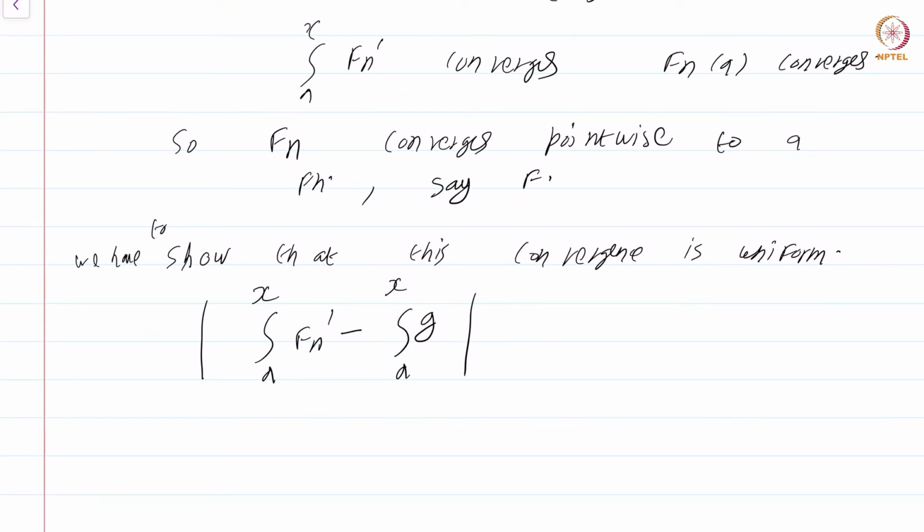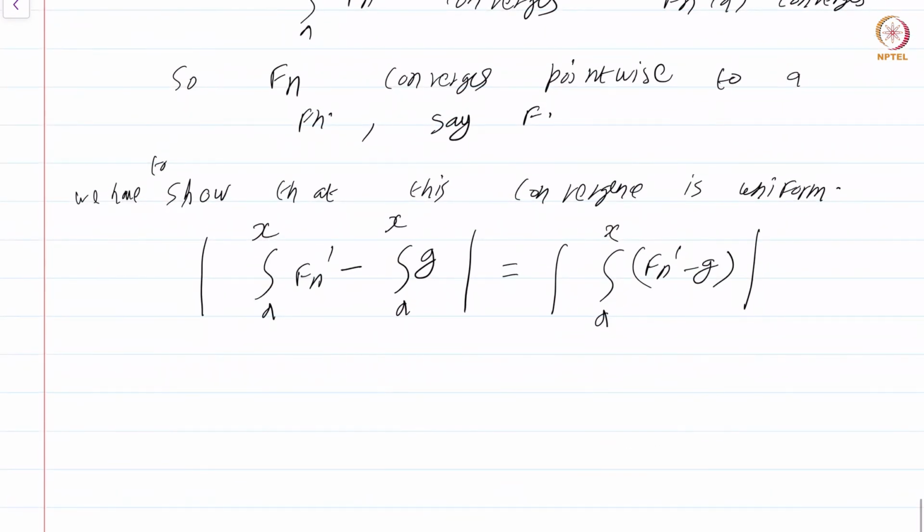Okay. Now what we are going to do is the following. We are going to write this as the modulus of the integral from a to x of (f_n prime minus g). This is just linearity of the integral, and this is less than or equal to, by the same argument that we have used before, (b minus a) times the norm of f_n prime minus g.